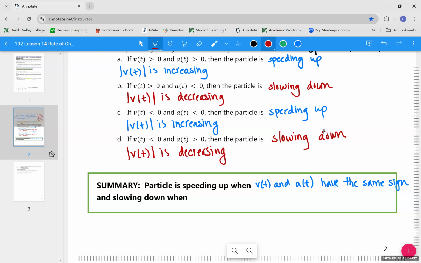And the particle is slowing down when velocity and acceleration have opposite signs. So one is positive and one is negative. This is a good way to remember it, but it is important, as I've said throughout this course, that you really spend the time to understand why that's the case. Okay, so in case you do forget the shortcut, you could reason through the situation you're looking at.